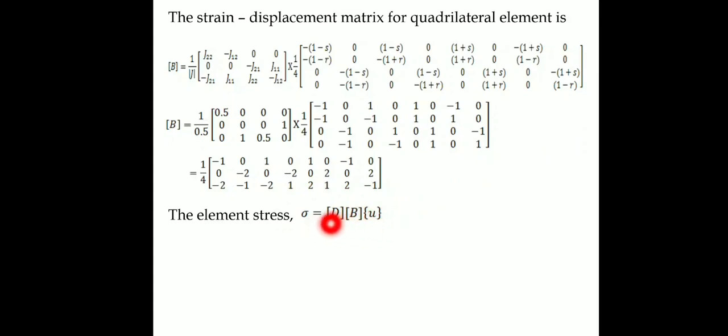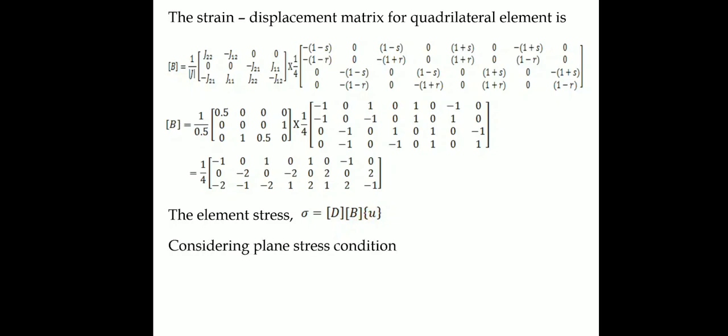Here D is the stress strain relationship, B is the strain displacement relationship, and U is the displacement.